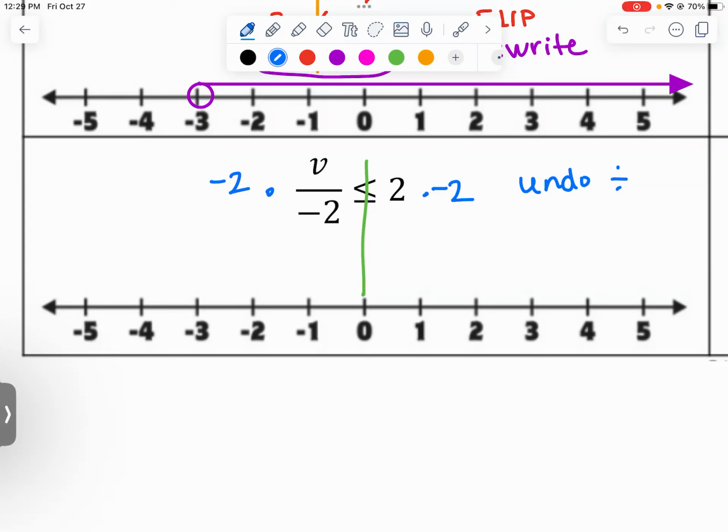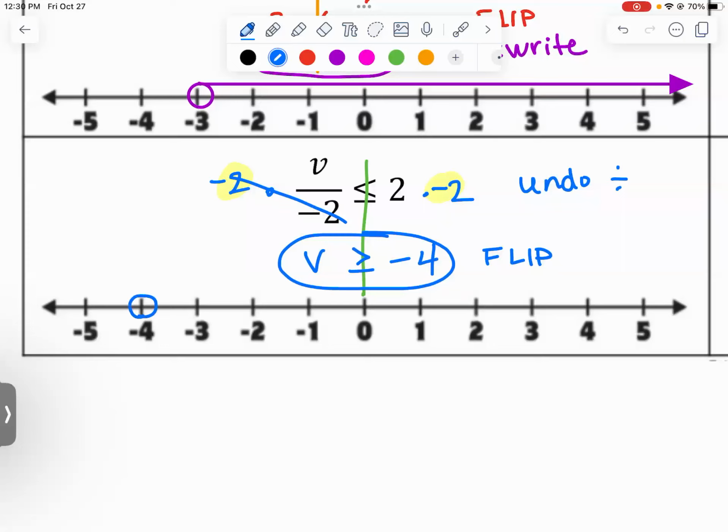So we need to undo the division by multiplying both sides by a -2. So we get v by itself, we get a -4. We multiplied by a negative number, which means we have to flip the inequality. So v is greater than or equal to -4. Okay, so we have a closed circle at -4.